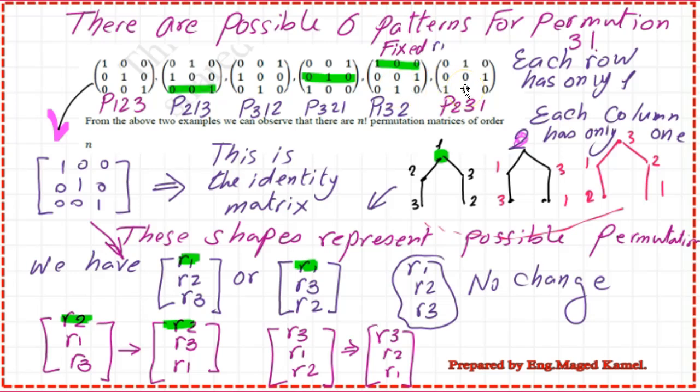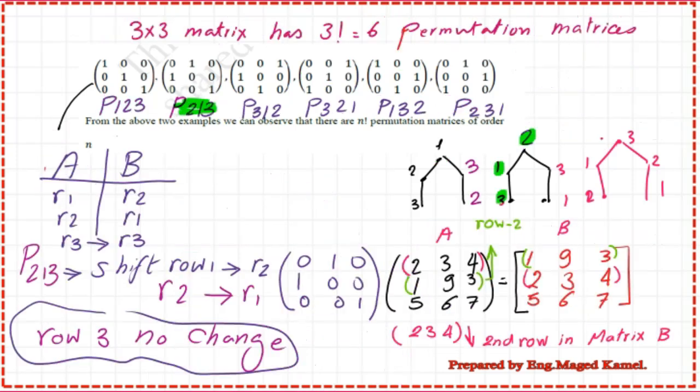And B231: second row followed by the third row, followed by the first row. Second row 0 1 0, third row is 0 0 1, and the first row is 1 0 0. The next slide.